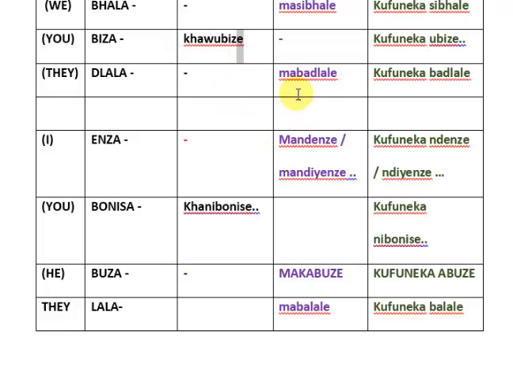Using kawu or kani, and then the ma followed by the normal player, and then finally kufuneka followed by the normal person involved with the verb ending on e. And in both instances here in these two columns, the purple and the green, he or she has been the exception, where we have had maka and kufuneka a.